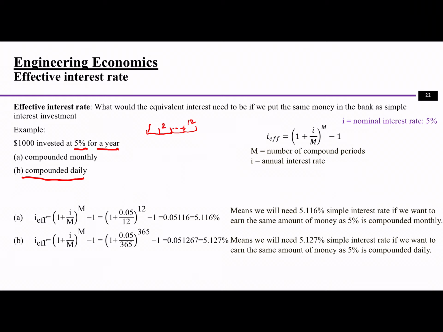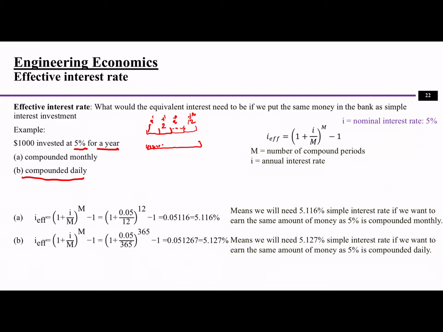So compounded monthly means, okay, this month, 1, 2, and then 12. We have interest here, and then in the second month, it's interest on top of interest, and on top of interest.